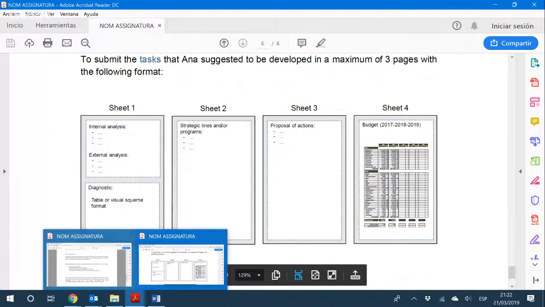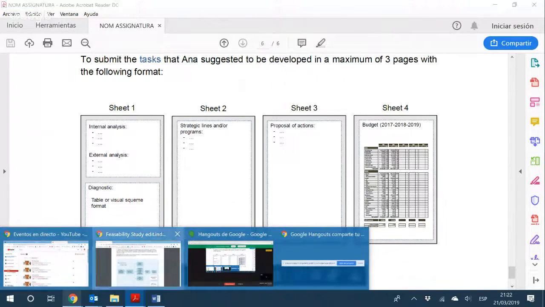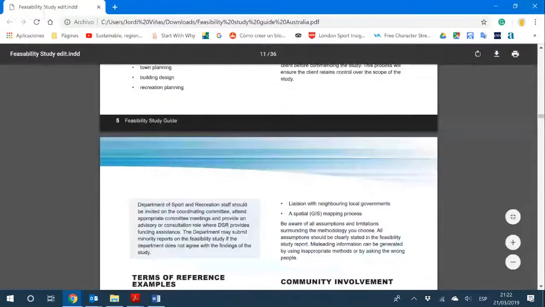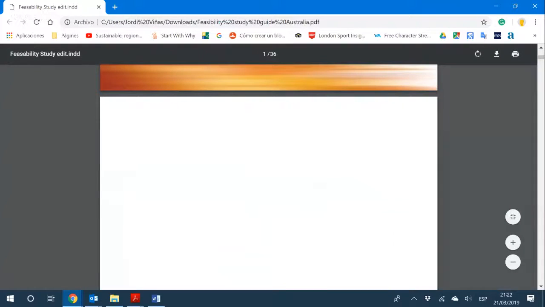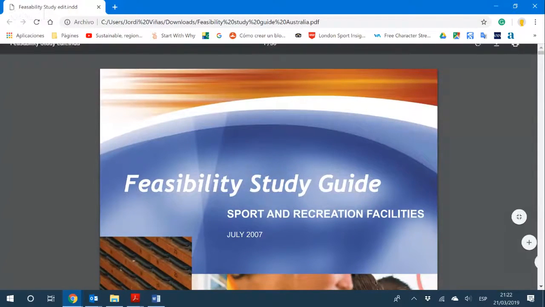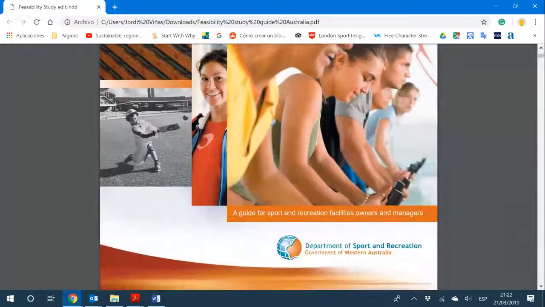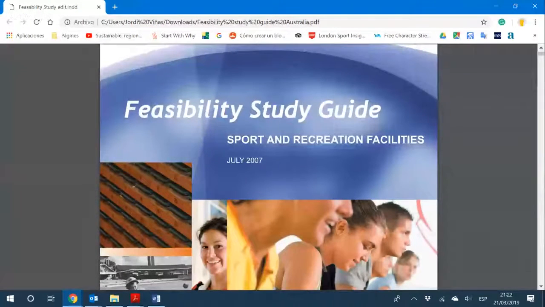Apart from that, since the activities were quite straightforward, I also send you a link to a document produced by the Australian Sports Commission, specifically from the government of Western Australia, which establishes a guide to develop feasibility studies for sports facilities.